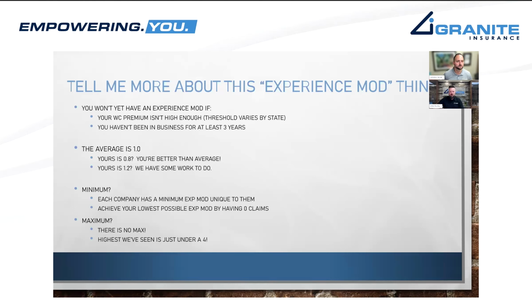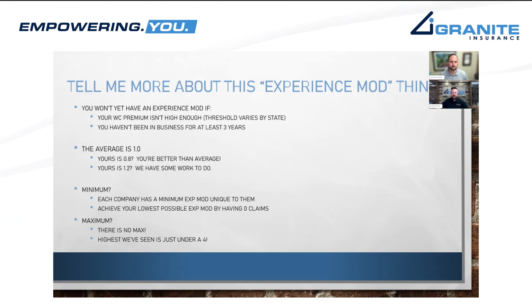So let's talk a little bit more about experience mod. First of all, you have to qualify or meet certain qualifications to get an experience mod. And those are that your work comp premium has to be high enough. In North Carolina, it's $5,000. It's going to vary by state. But let's assume for this conversation it's $5,000.